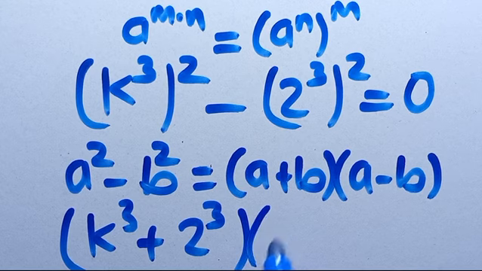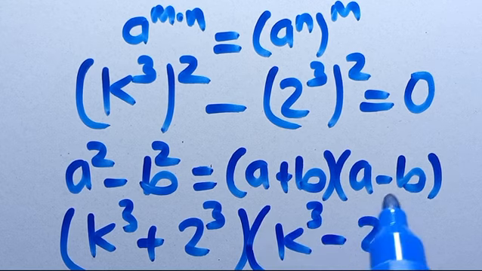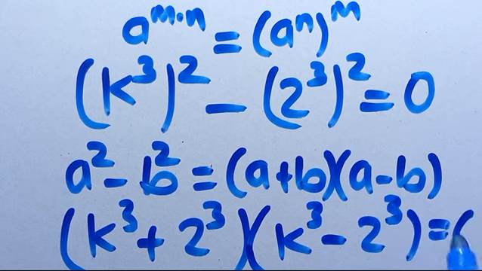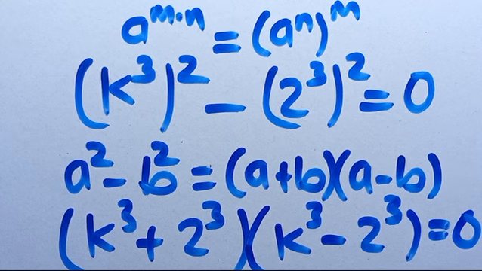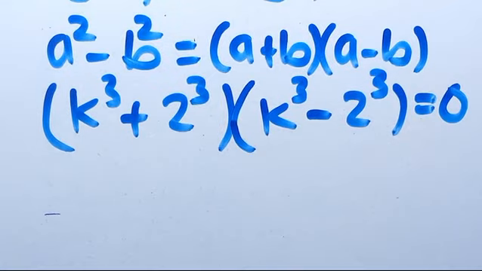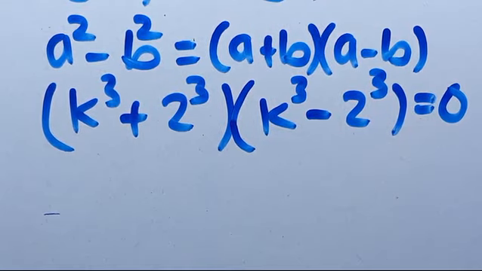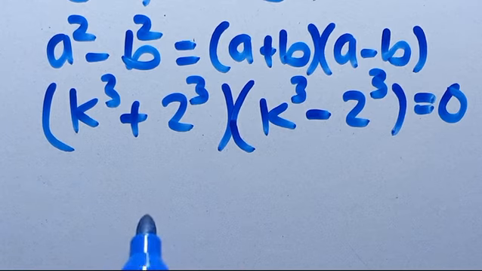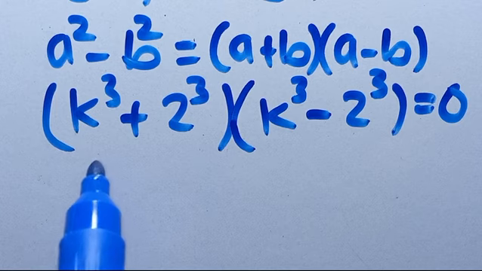And this will be times k to the power of 3 minus 2 to the power of 3, everything equals 0.